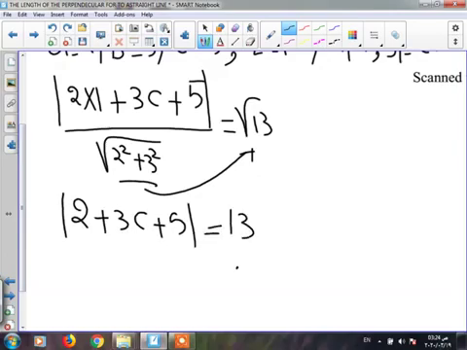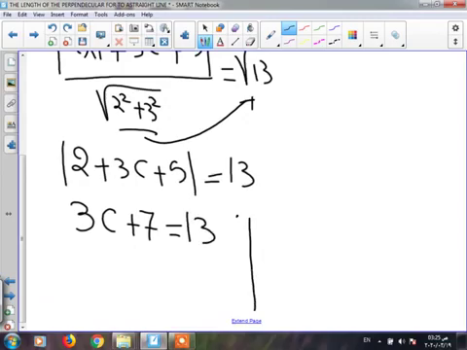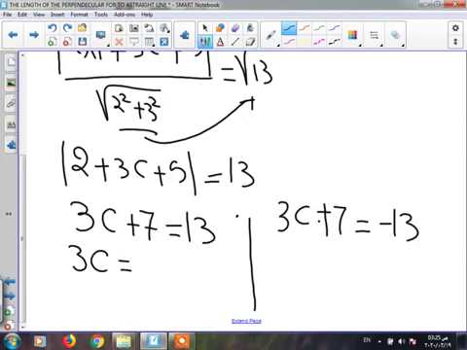In this case, we can say that 3C plus 7, because it's inside the absolute value, will be 13, or 3C plus 7 equals -13. So we have two values for C. Now 3C will be 13 minus 7, which is 6, then C will be 2.